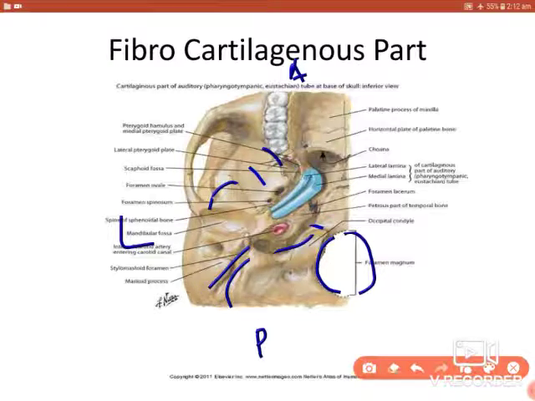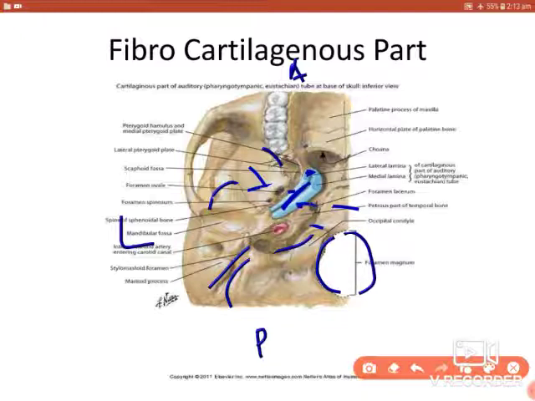Then it has this cartilaginous part, it has an apex which is attached to the bony part, a base which is towards the nasopharynx. Then it has a medial broader lamina and a lateral shorter lamina. These two laminae are continuous superiorly at the level of the base. This is the inferior view. Then inferiorly and laterally there is a gap between the medial and lateral lamina.